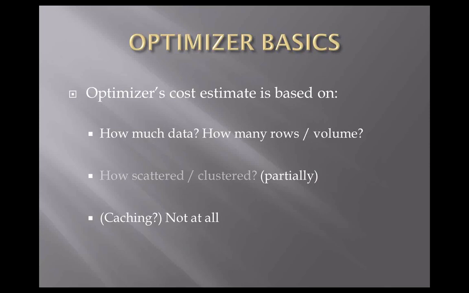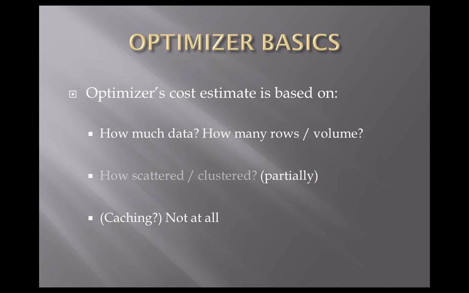The first difference I already mentioned here, because it might be surprising to you that not all of these questions are actually handled in the same way by the optimizer. It doesn't cover all of these questions to the same extent. The how many rows, how much data, and what data volume is quite well covered by the optimizer.